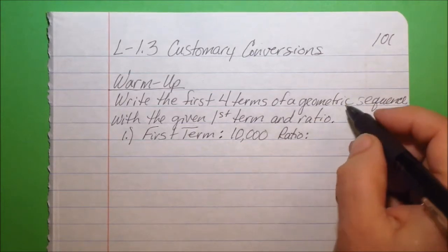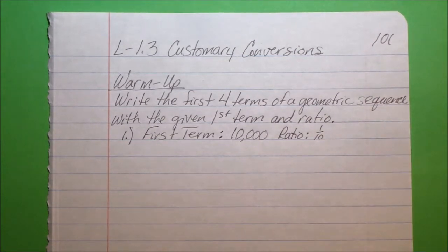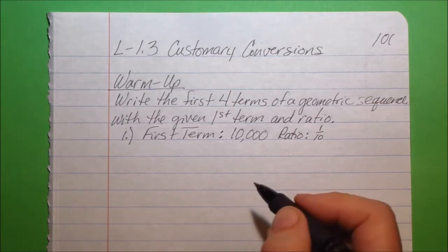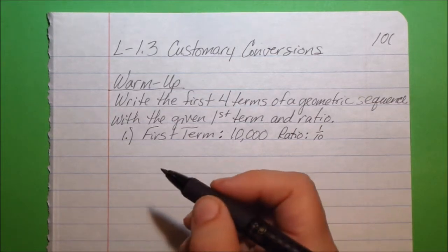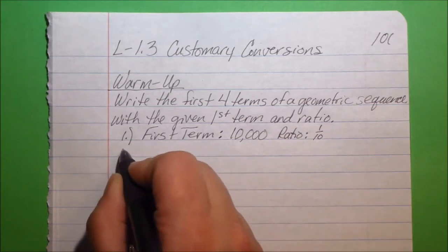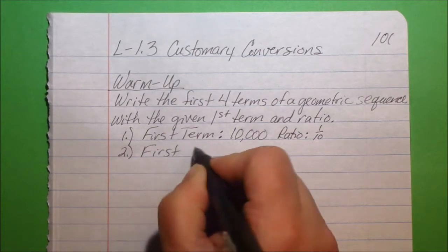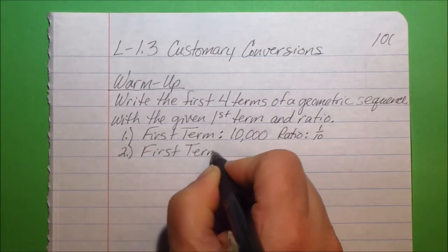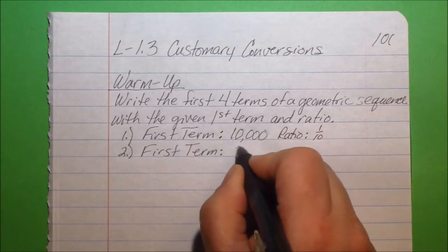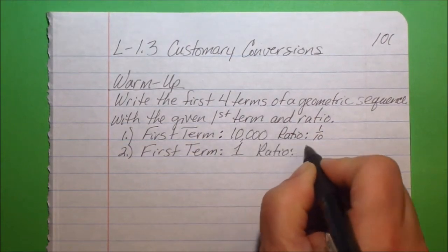Ratio is 1/10. I think we had a problem like this in either our practice notes or in the notes yesterday, or whenever you went over lesson 1.3 or 1.2. Second one is first term 1, ratio 3.